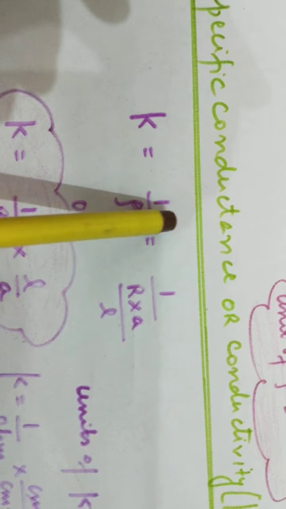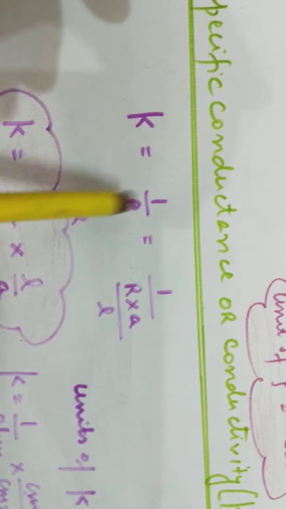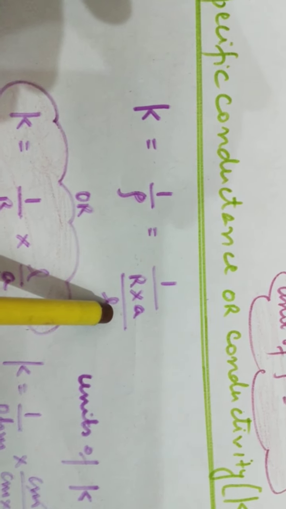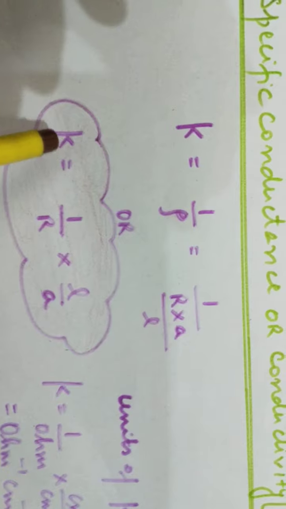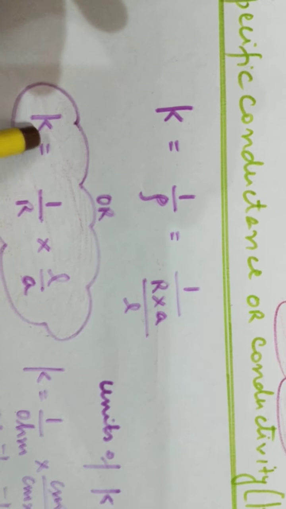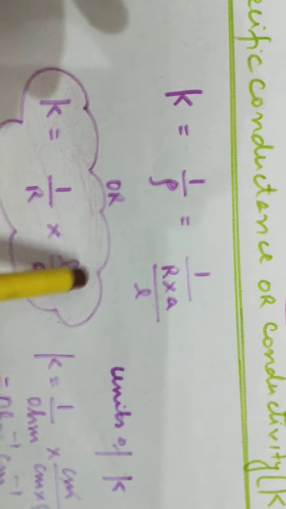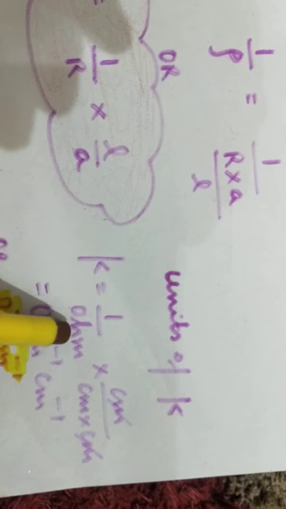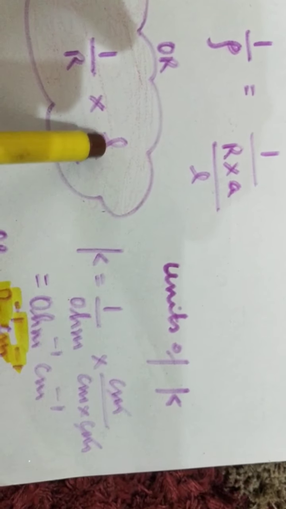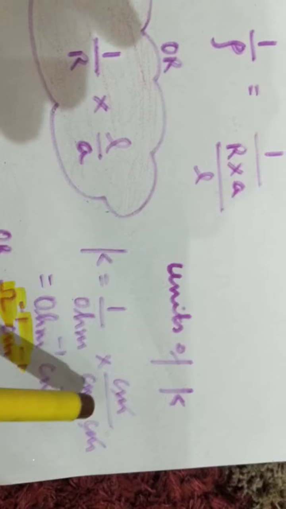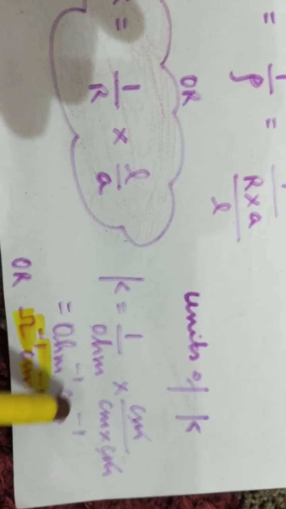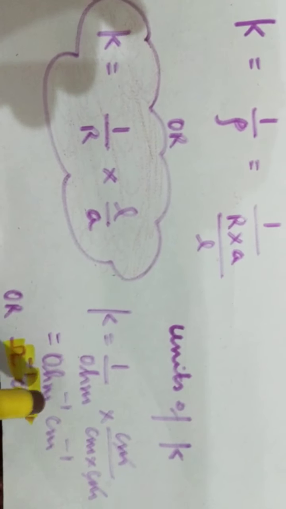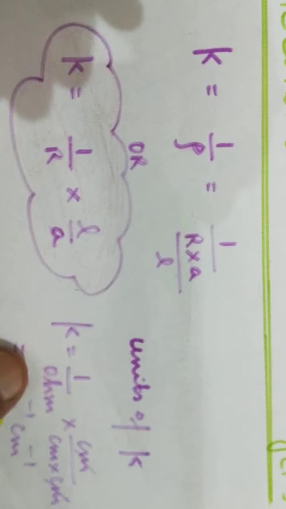Specific conductance is the reciprocal of specific resistance, and we know that specific resistance is RA upon L. Therefore, specific conductance or conductivity is 1 by R into L upon A. That is, K is equal to 1 upon ohm, centimeter for length, square centimeter for area. So we get the unit ohm inverse centimeter inverse or Siemens centimeter inverse. That is, ohm inverse is Siemens.